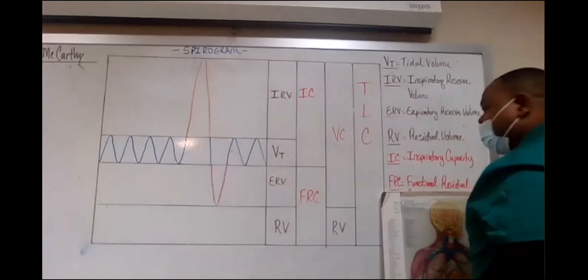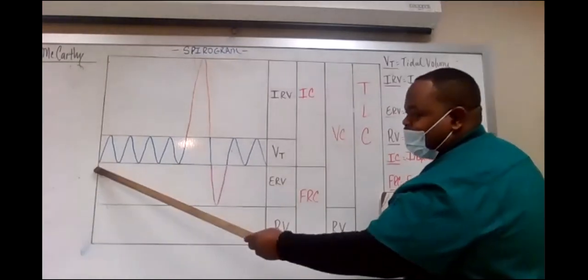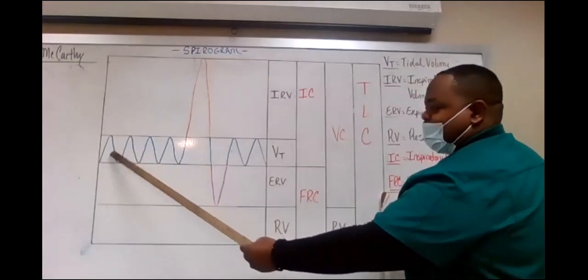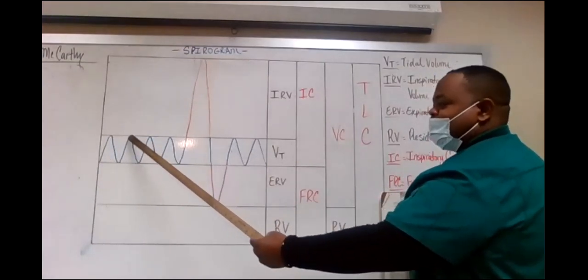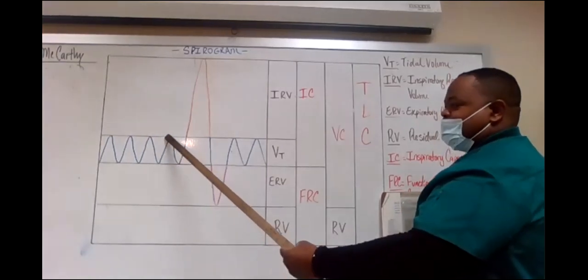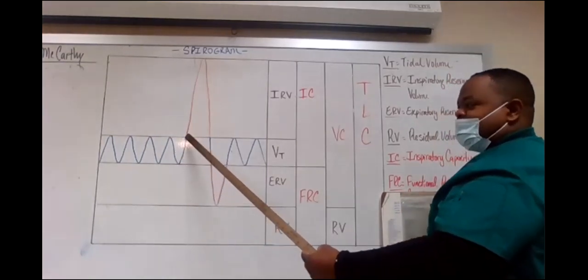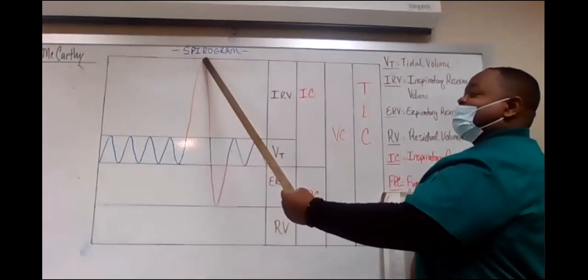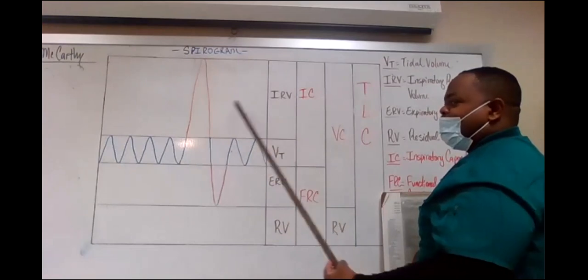Tidal volume. Normal in and normal out. So quiet in, this is tidal volume. In, out, in, out, in, out, in, out, in. I stop and then suck in all I can suck in. This is my IRV.